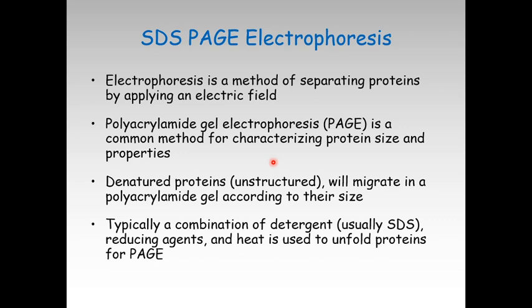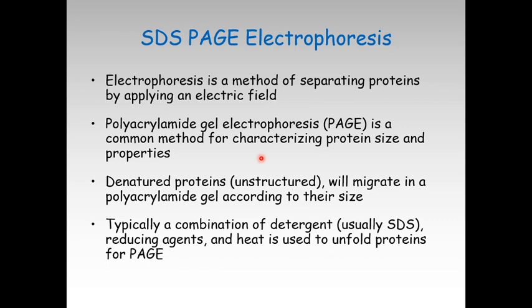In addition to this, one needs to denature the protein samples so that the proteins migrate in a polyacrylamide gel according to their size and charge. What I mean by denatured is that the proteins have to be unstructured.